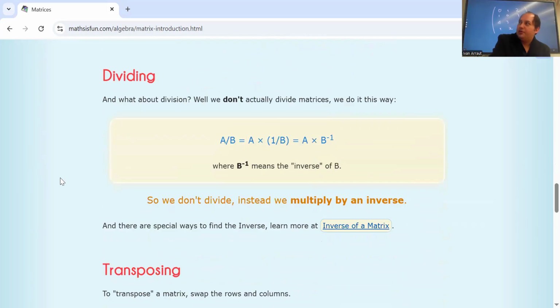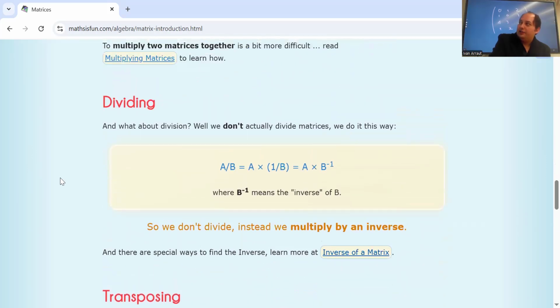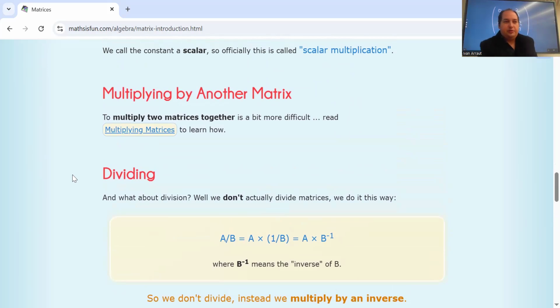This is scalar multiplication. For dividing a matrix, you cannot divide directly in that sense. You have to find the inverse. So I will show you here on the board. You have a matrix A. Let's assume it's 3, 2, 1, 0.